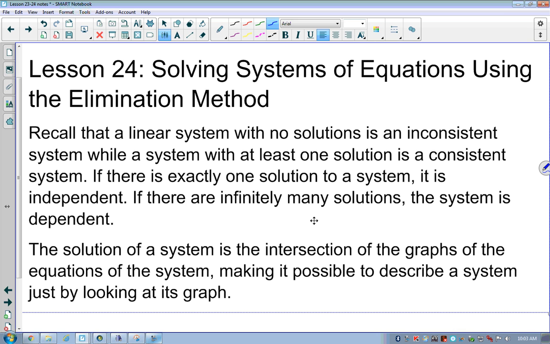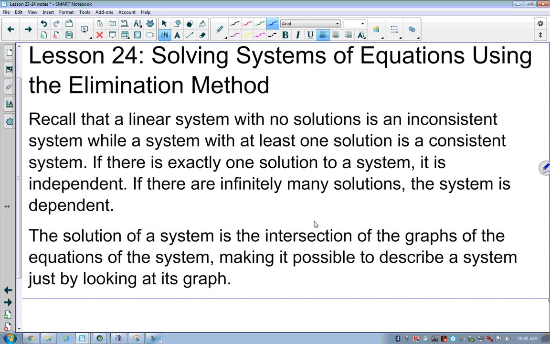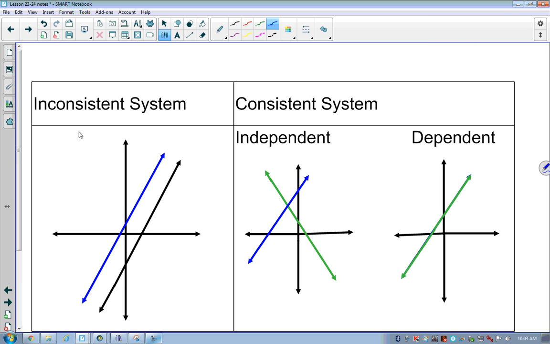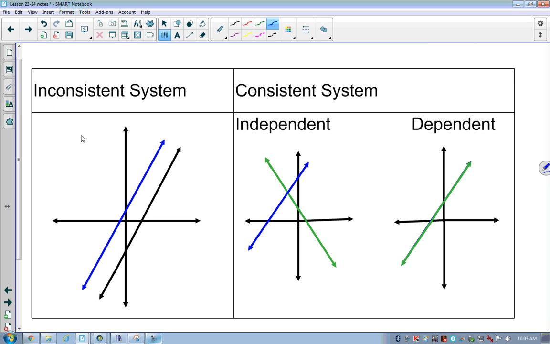Okay. So the solution of a system is the intersection of the graphs of the equations of the system, making it possible to describe a system just by looking at its graph. Okay. So we can look at these. This will actually help us out here. Okay. Inconsistent system, parallel lines.